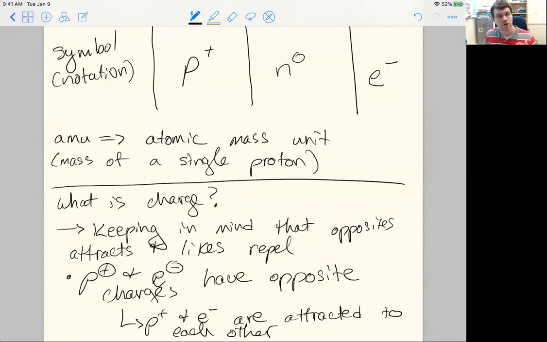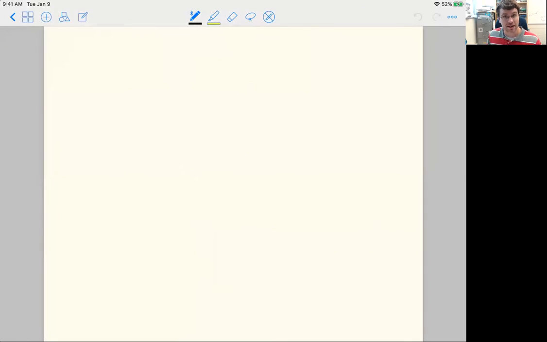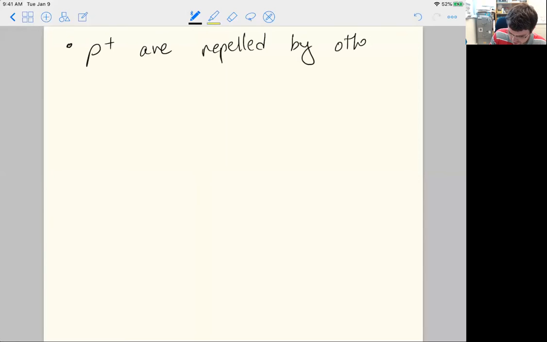So what is charge? Charge is something that allows us to understand how things are going to interact. For example, protons and electrons will be attracted to each other. Now, again, keeping in mind that while opposites attract, likes repel, this also tells us that similarly, protons are repelled by other protons, and electrons are repelled by other electrons.